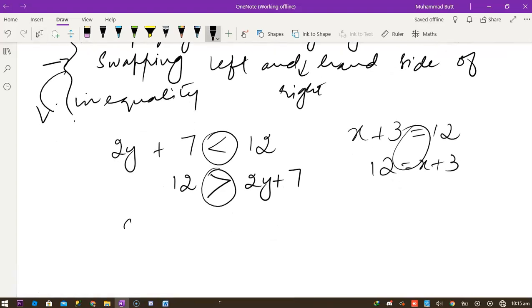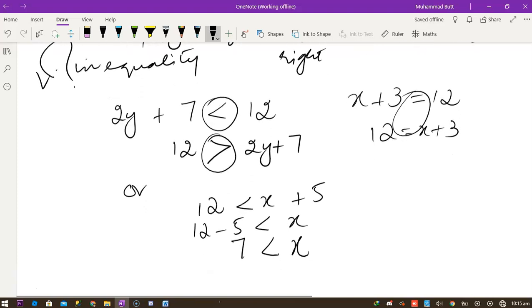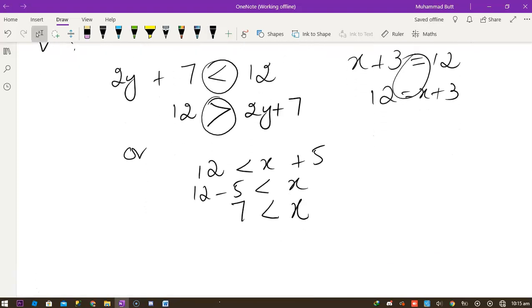And 12 is less than x plus 5. In this case, we know that 12 minus 5 becomes 7, so 7 is less than x. Normally, when we are finding the value of x, it's normal to put x on the left hand side.